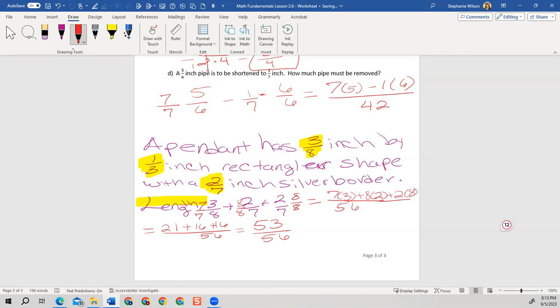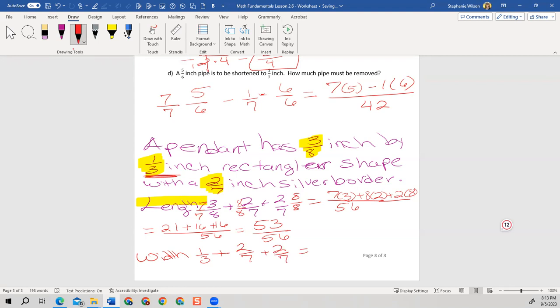Now let's talk about my width. My width is going to be the 1/3 here, plus we're going to take the silver border again. All right, so now let's add it all up.